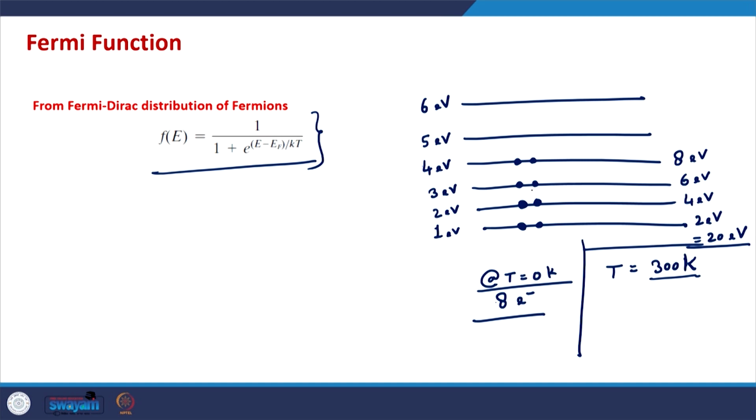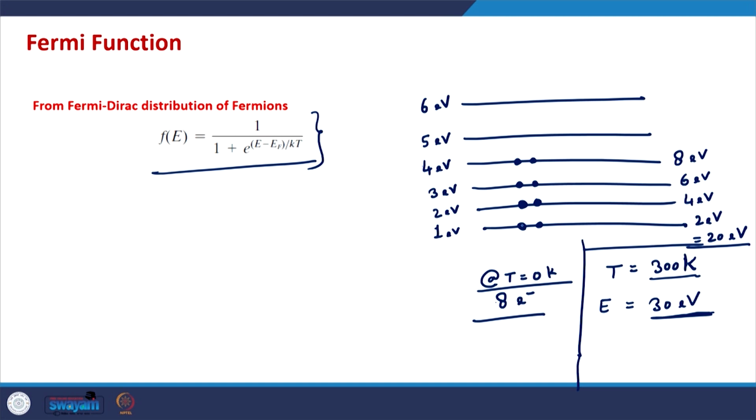Now, at room temperature, let us say the energy of electrons is 30 eV, just as an example, it is not the exact figure, just at a certain temperature, let us say the energy is increased by 30 eV. So, with that energy, how many electronic configurations are possible?